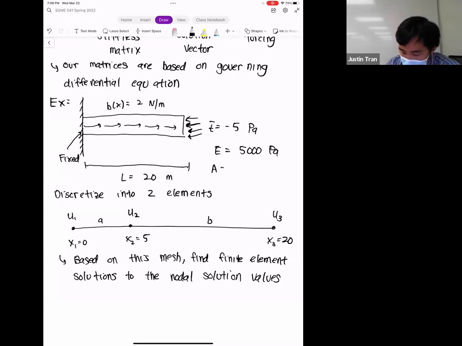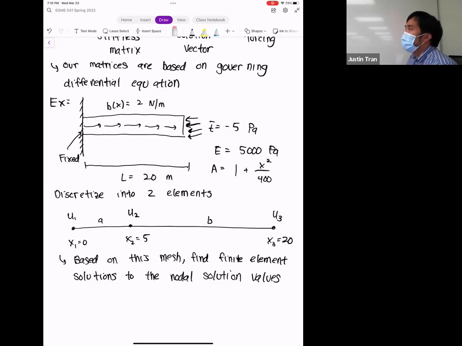But just to show you the power of this method, we're going to have an area that changes as a function of x. Our area is going to be 1 plus x squared divided by 400. So we have an area that varies with x. Normally you would look at something like this and say that's a truss bar.